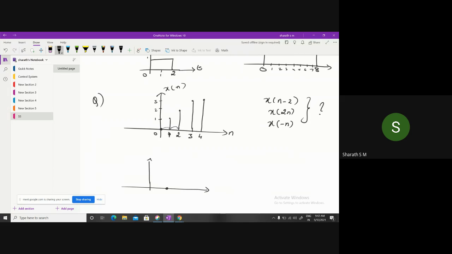So at 2 it is 0, at 3 it is 1, at 4 it is 2, at 5 as well as at 6 it is 3. This is x of n minus 2.